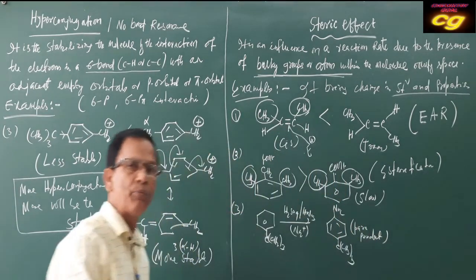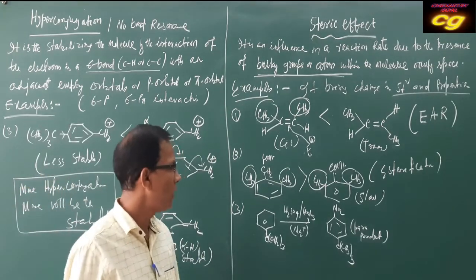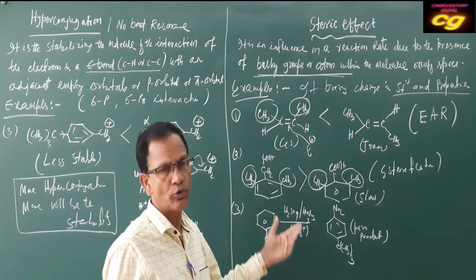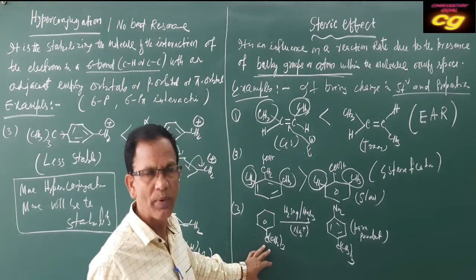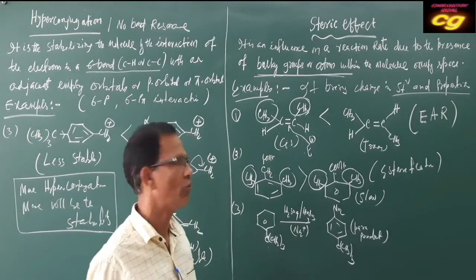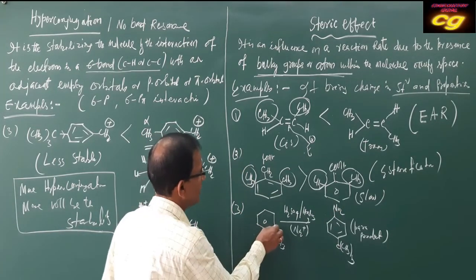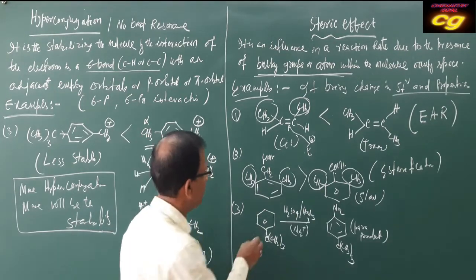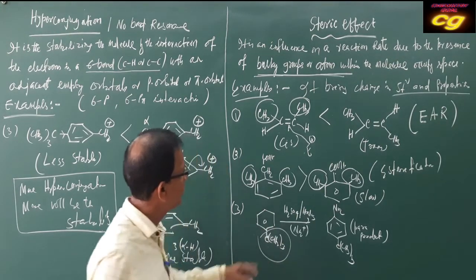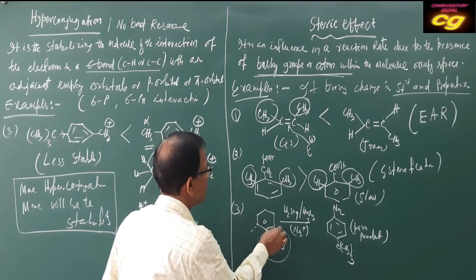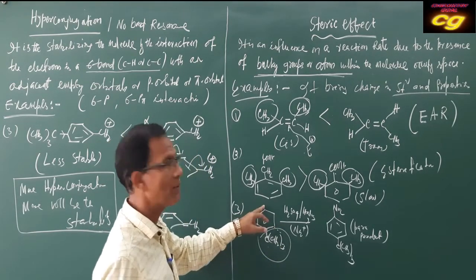Why is the para product formed? Why is the product para substituted, but why not ortho? This group is an ortho para directing group, but why is only the para product formed? Why not ortho? Because the ortho position is not free due to the bulkier group. This is your ortho position, this is your ortho position, and this is your para position.